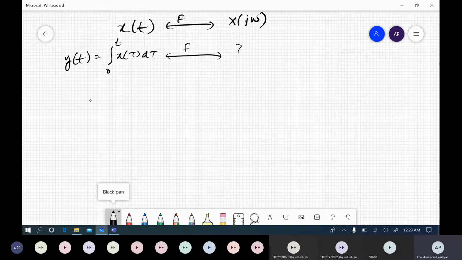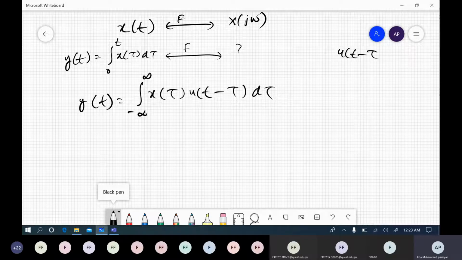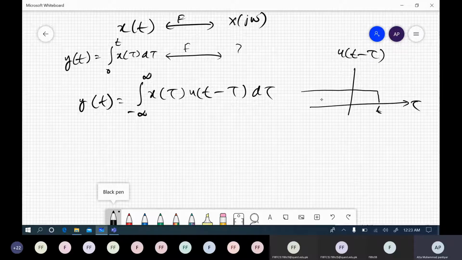And y of t, we can rewrite this equation as the integral from minus infinity to infinity of x of tau u of t minus tau d tau. We have solved this when we were finding the output response of LTI systems, that this signal exists from minus infinity to t, and you know this integral is from 0 to t.